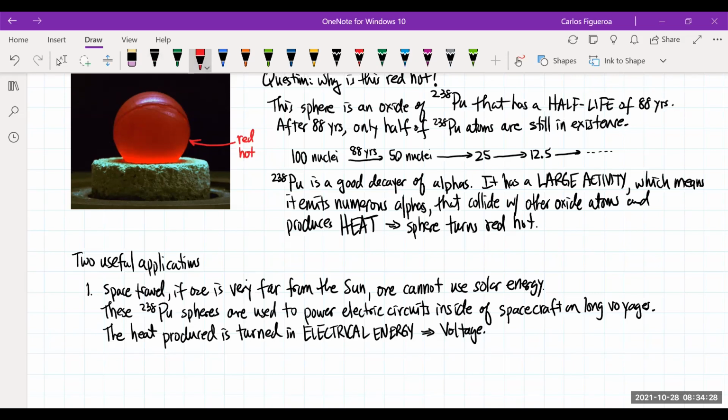In fact, there's a name for this. So when we talk about this, the generation of this voltage is called a thermoelectrical generator. So if you live in the mountains, for example, you may have a generator.